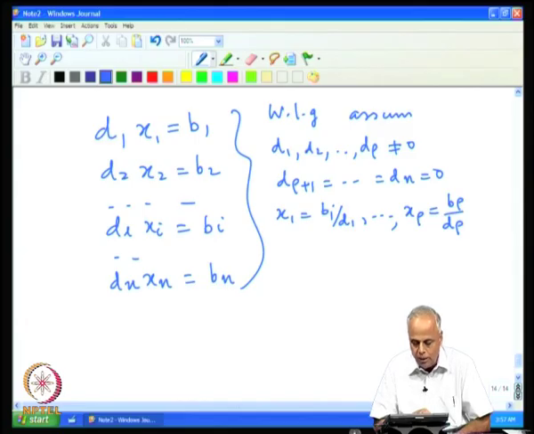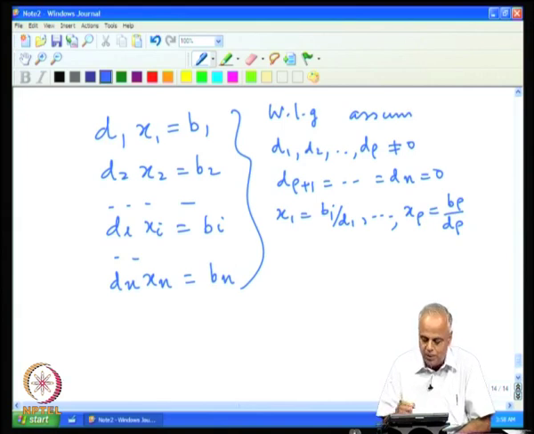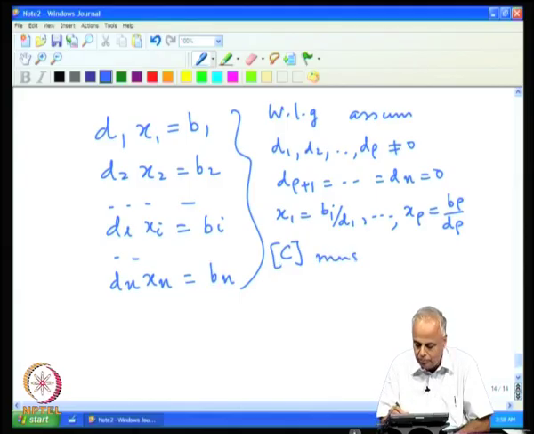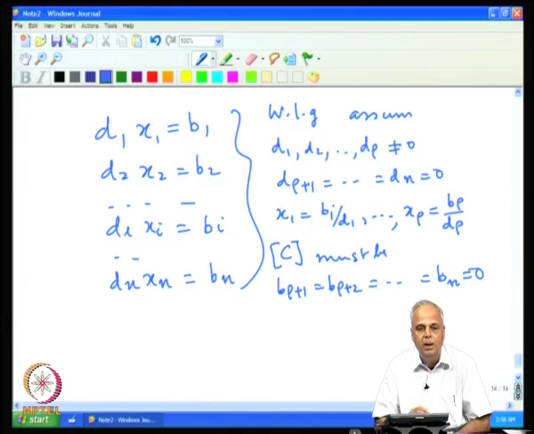But now, if you look at the rho plus 1th equation, the left hand side will be 0, whereas the right hand side will be b rho plus 1, and therefore, a solution will exist only when both the sides are 0, and therefore, b rho plus 1 must be equal to 0. Continuing this process, the consistency condition must be b rho plus 1, b rho plus 2, etc., b n must all be 0.